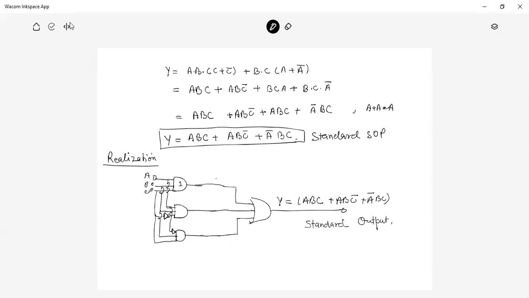So A dot B was the earlier term, and inside the bracket we have C plus C bar, the complement. C with its complement is ANDed after ORing.